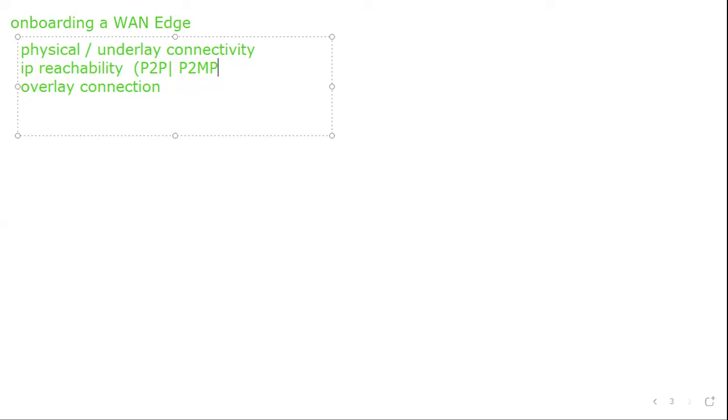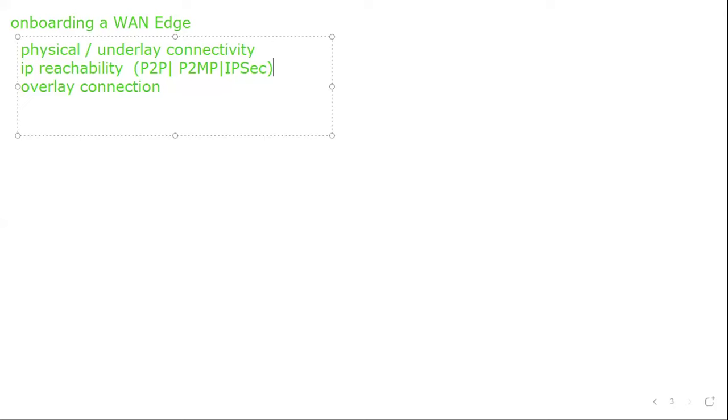Metro Ethernet technology is there. There might also be a possibility, the way you guys have said, that an IPsec connection is already there. It could be anything. We just need to have a connection, be it point to point, point to multi-point, or IPsec. So that's required for physical connection.